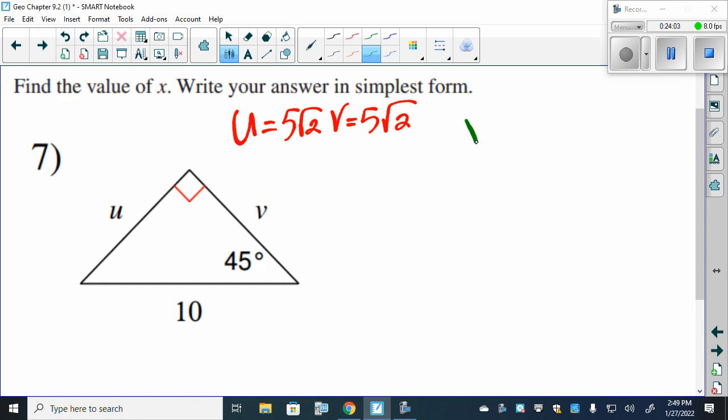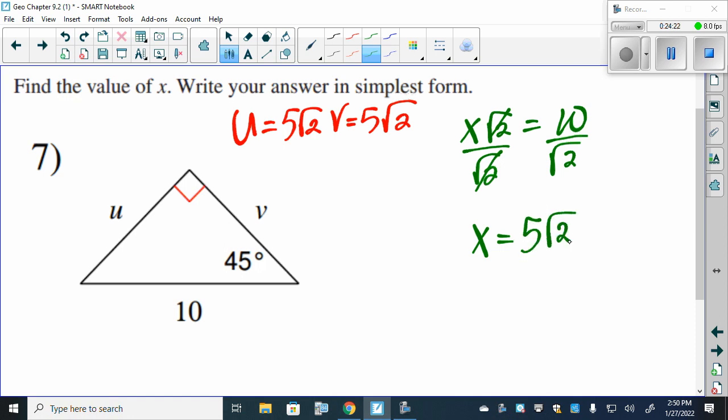Well, essentially we're saying x times the square root of 2, we would divide 10 by the square root of 2, because these will cancel. And 10 divided by the square root of 2 is? So that would be the length of the two legs.